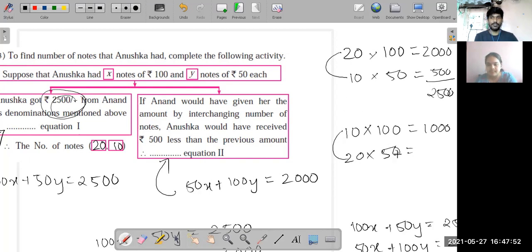So how much money here? 2 into 5 is 10, and then 2 zeros, so 1000. And total? 2000. Not 2500. Okay, I understand.